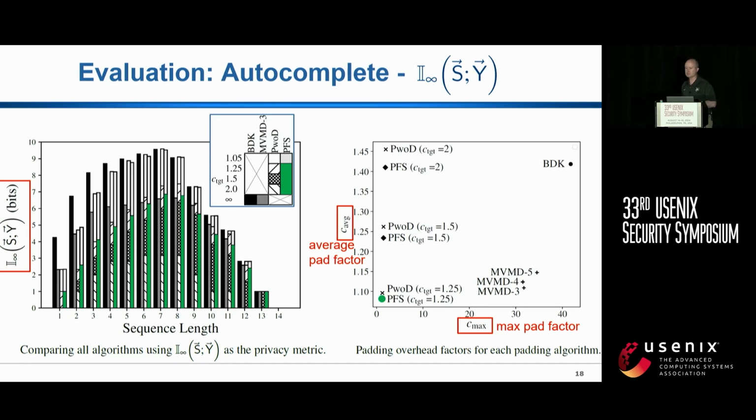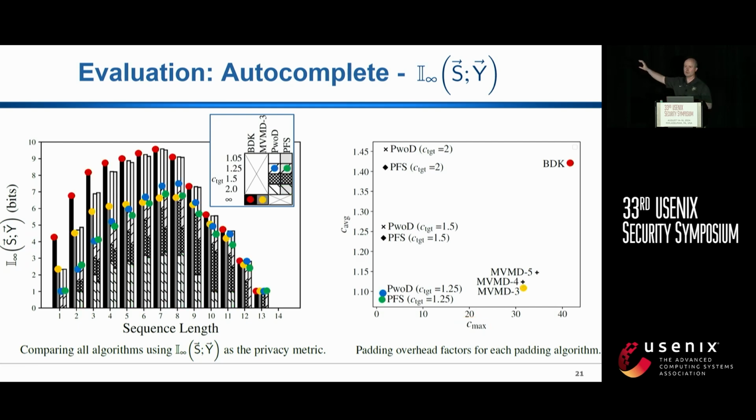So now starting with C1.25 for PFS, plotting that as a green circle. Again, now advancing both charts at the same time, C1.5, I-infinity goes down, the padding goes up, and then down to C2.0.